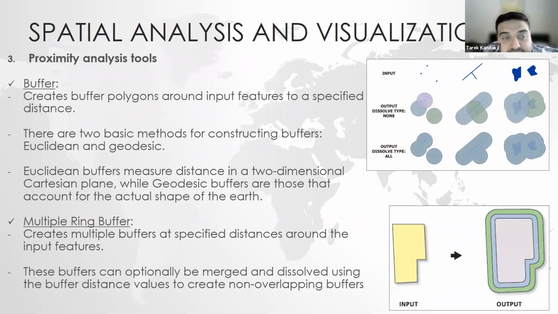The next very important spatial analysis tools are the proximity analysis tools. Proximity analysis is very good to capture some patterns in the locality of your data. One of the very important applications is buffer, which creates a buffer polygon around input features to a specific distance. Let's say, for example, you have oil fields and you want to see what type of land is found within, let's say, 10 meters from that oil field.